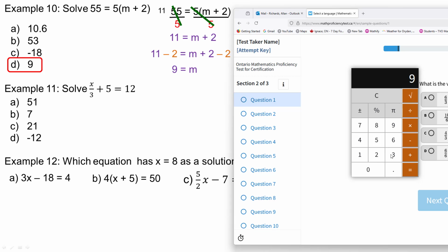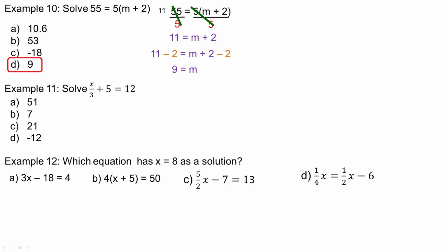So 9 plus 2, before I hit anything else, it's actually automatically doing the equals, because there's the 11 times the 5 gives you the 55. So just be careful when you're using the calculator that you're using it correctly.